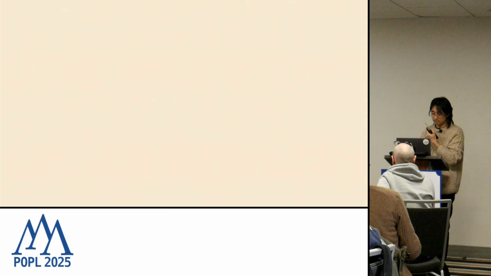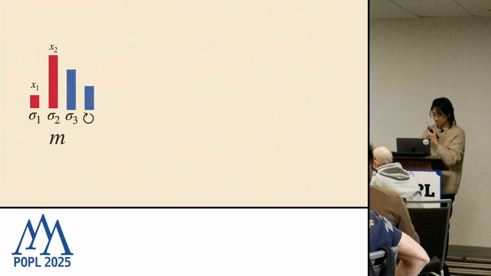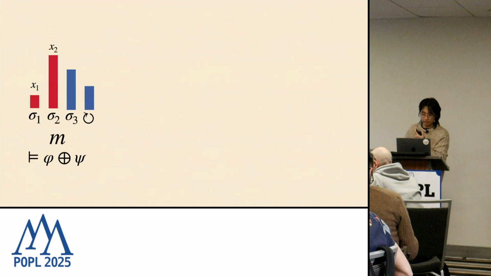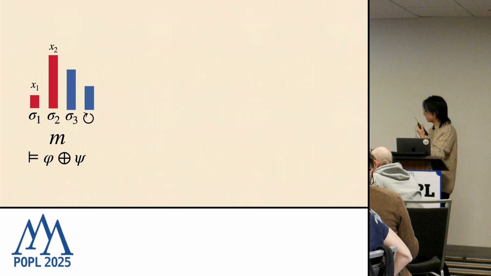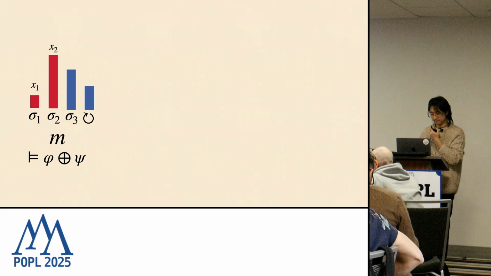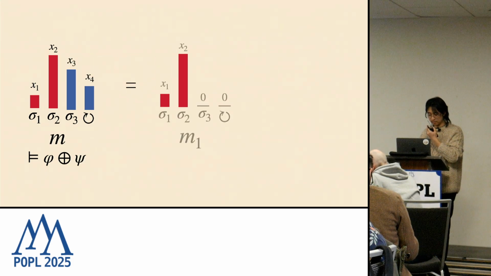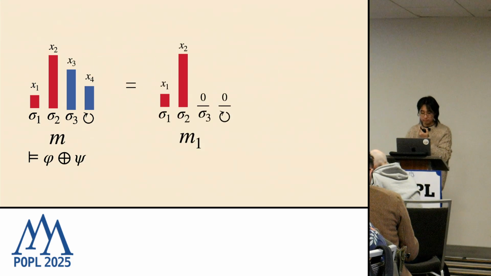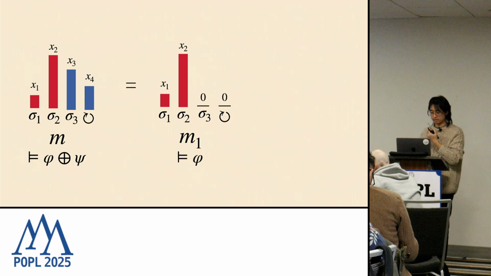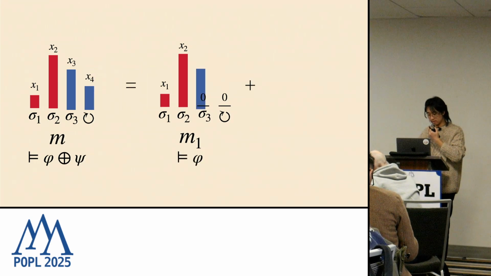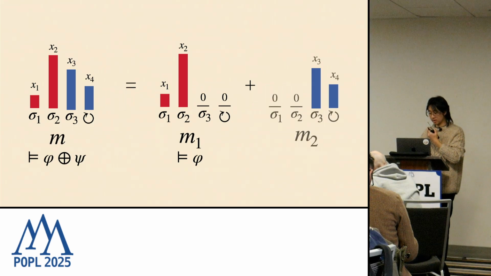To get a better visualization of that, suppose we have this weighting function M, and we say that it satisfies this outcome conjunction. Then we know it needs to be able to be decomposed into a weighting function M1, which satisfies the first wing of this conjunct, added to another weighting function that satisfies the second wing.